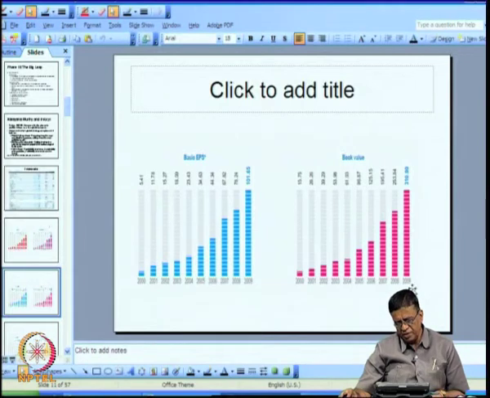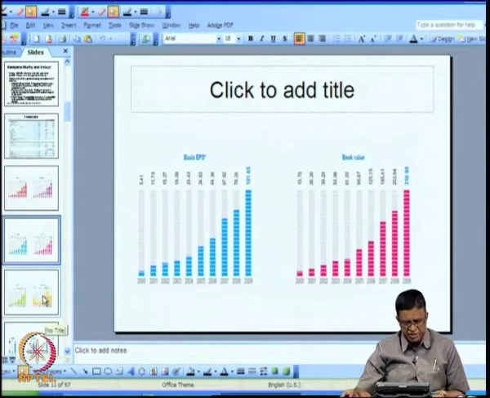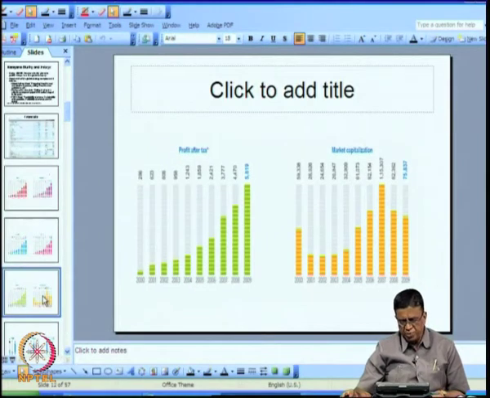In 2009 this 5 rupee share's book value is listed at 310.90. This is the way the company itself is listing. The profit after tax has again gone up, a very high increasing trend. And similarly, if you look at market capitalization, you see some changes taking place.